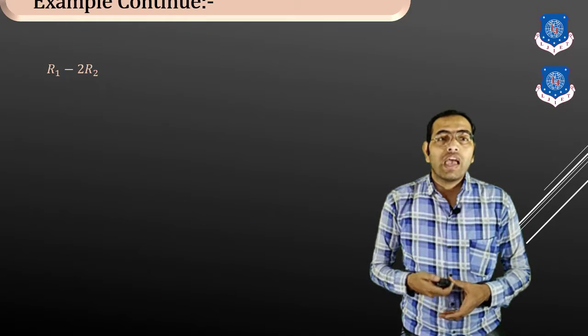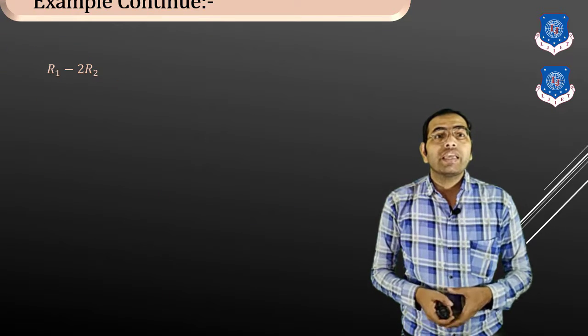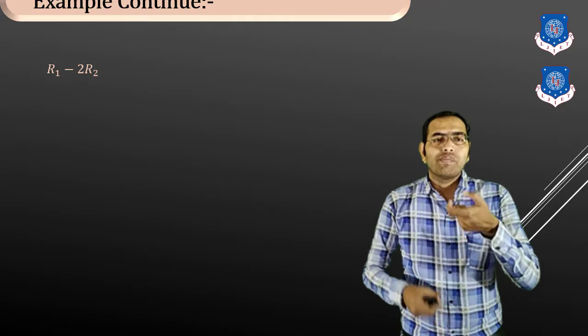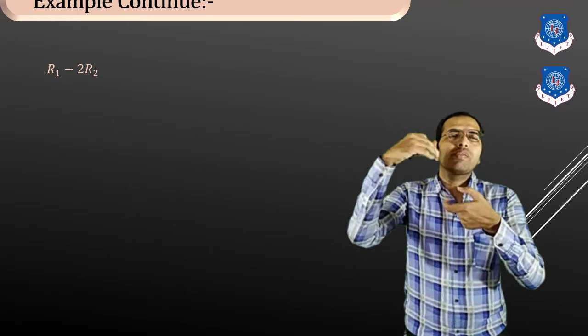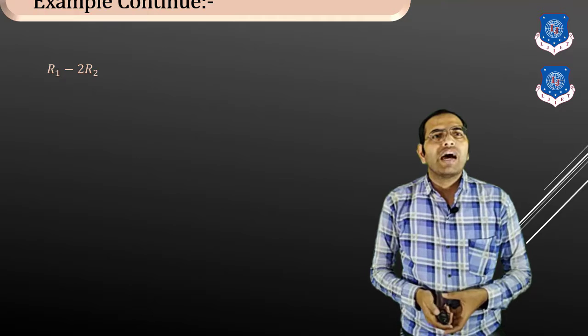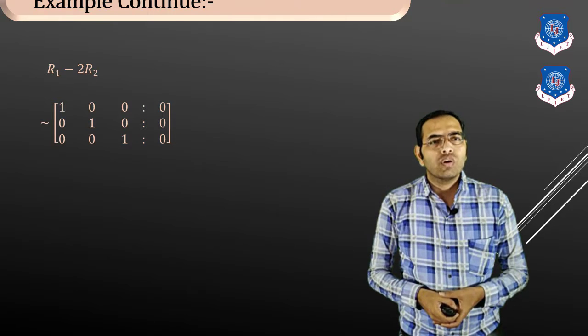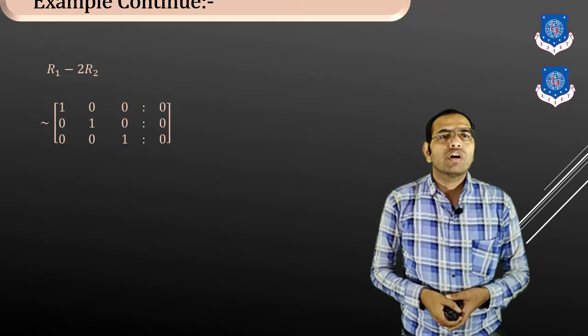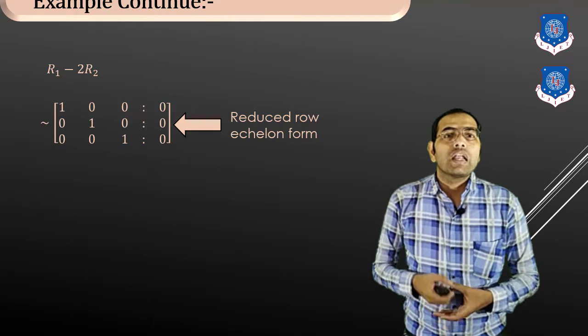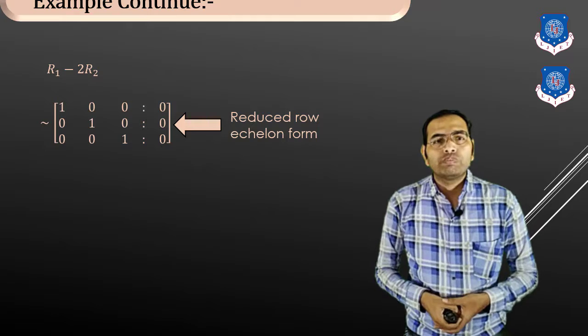Now with the help of the second leading element 1, make the entry above it 0, that is R1 minus 2R2. That gives you 1, 0, 0, 0; 0, 1, 0, 0; 0, 0, 1, 0. That is our reduced row echelon form.